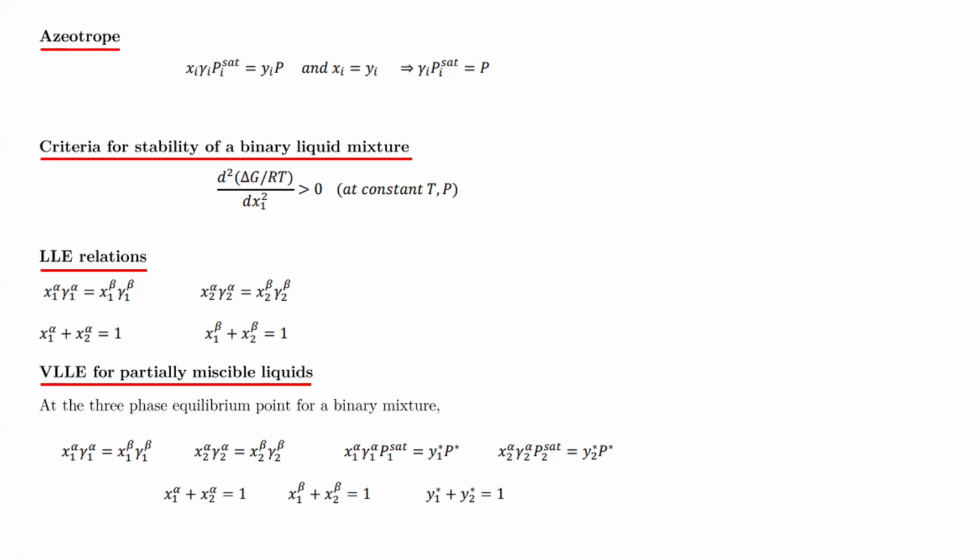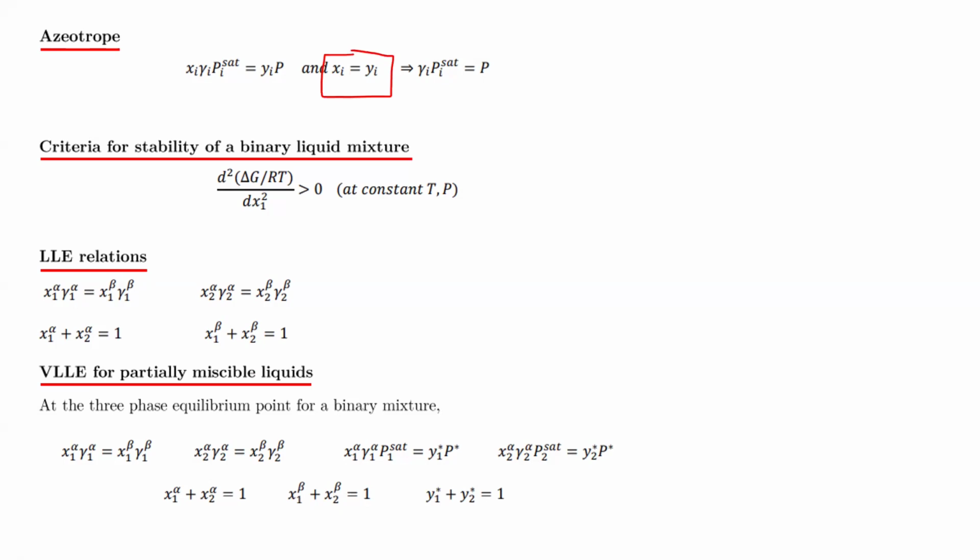Now, when it comes to the azeotrope, the extra condition we have is xi equals yi. This is like a restriction equation where you are equating xi and yi, so you're reducing the number of variables, right?